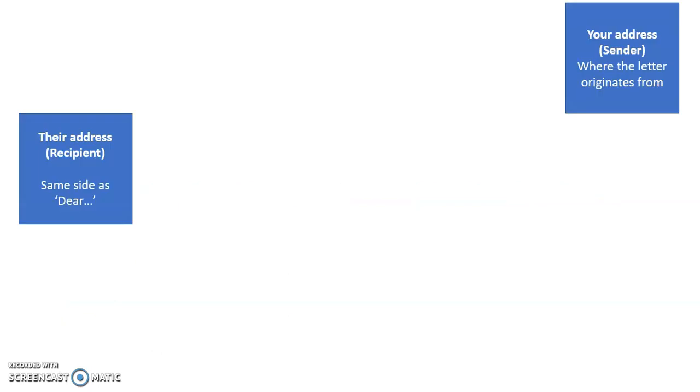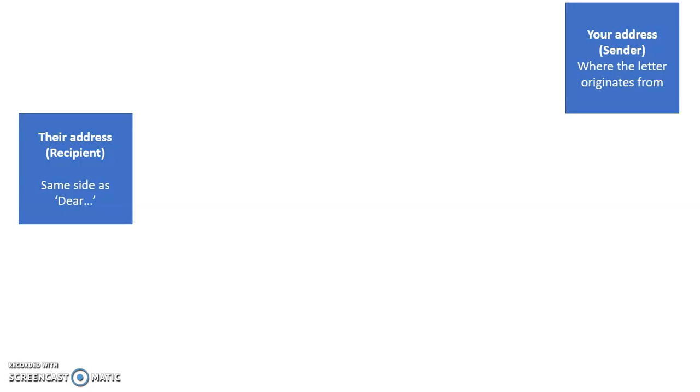In terms of your addresses, this is the side that they need to go on. Top right at the very top of your page, the wrong way around from where we normally start writing, is your address, the sender's address. The easiest way to remember that it comes first is that it tells you where this letter is coming from, and it comes from you, so you start with you at the top.